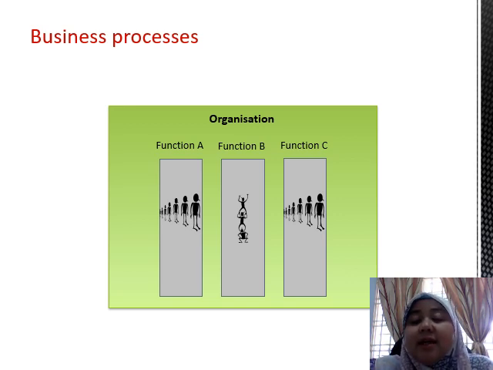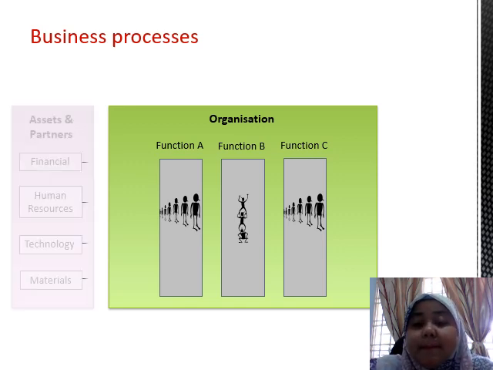That is the reason behind segregation of functions, business function. So, in order to understand business process, I've said the word business function. So you must be able to relate between what is business function and what is business process.